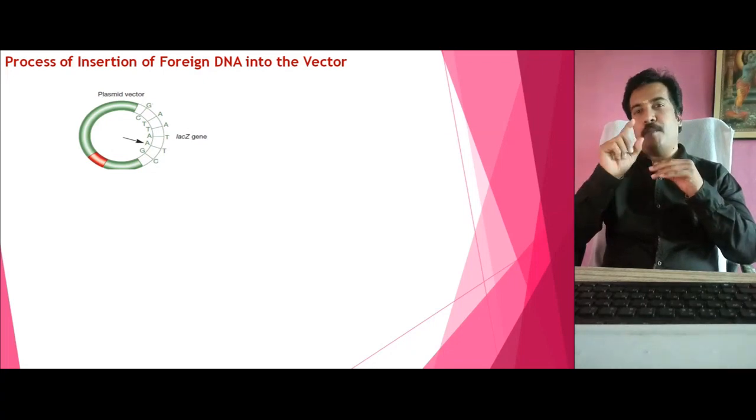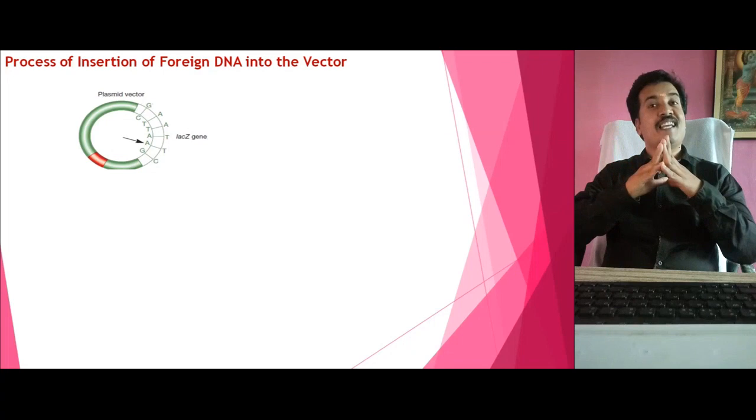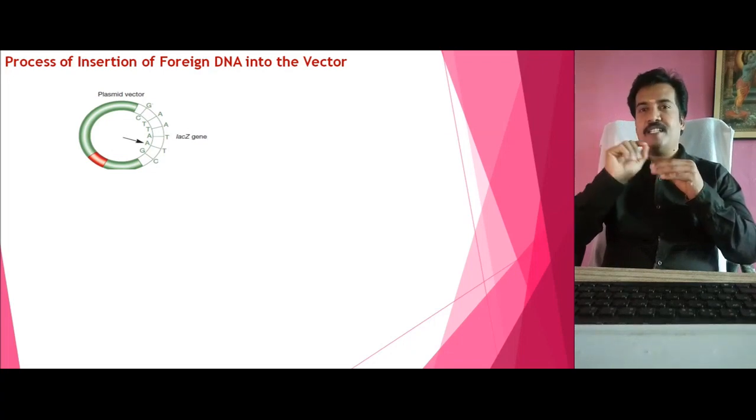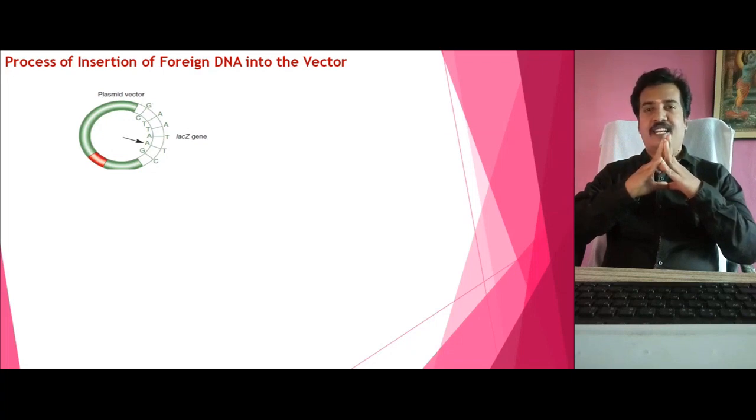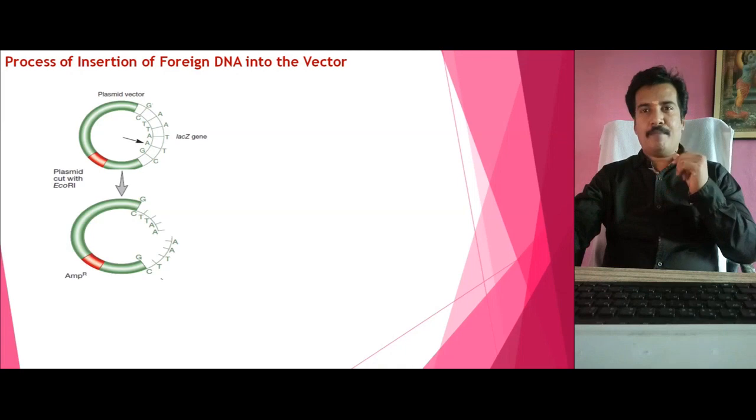One of the multiple cloning sites carries a restriction site for EcoRI, which restricts the sequence called GAATTC. So I am treating the vector with the restriction endonuclease EcoRI. What happens is it cuts the DNA and it produces a sticky end.